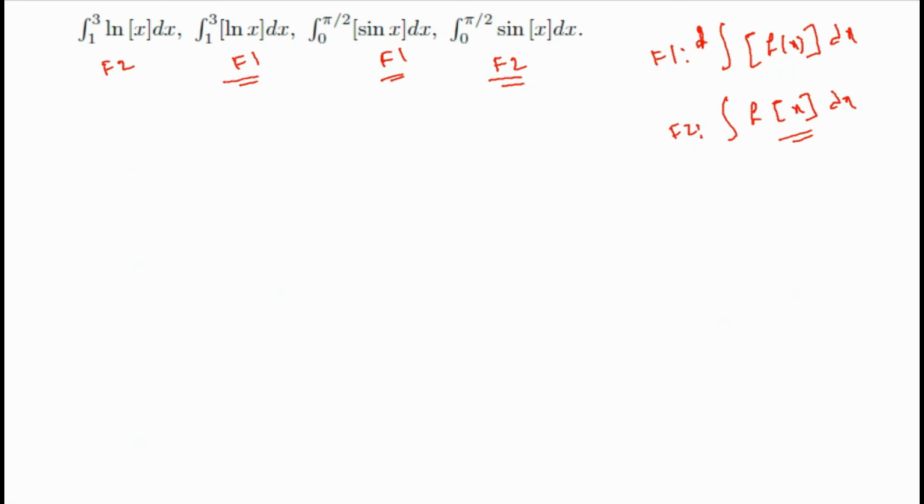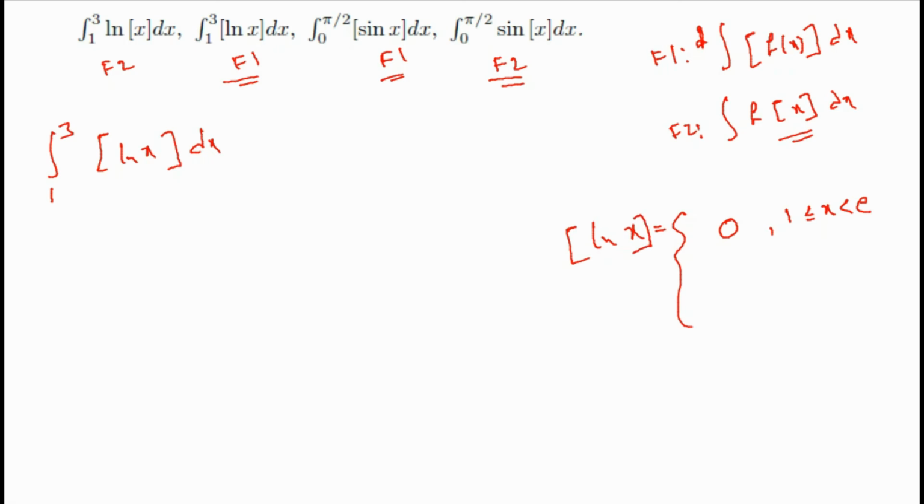The first one is the integral from 1 to 3 of [ln x] dx. Now let's see the ln function. ln 1 is 0, so for 1 ≤ x < e, ln x is less than 1 and the box function is 0.